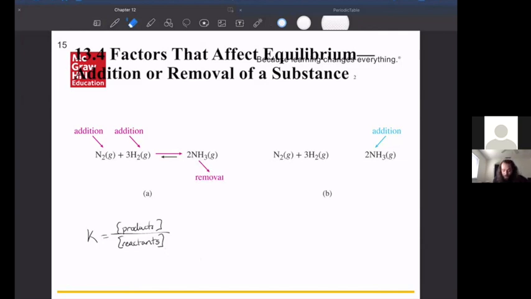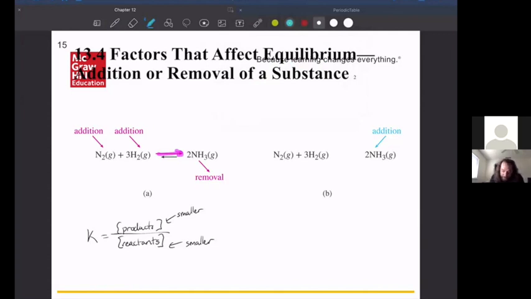So if as that ammonia is being formed, I take it out of my reaction vessel, then this number is getting smaller. And so this number has to be smaller to compensate. It will end up generating more product if I continuously remove the product as it's being formed. So both of these ways, adding more reactant or removing product, drive things towards the product side of the reaction.